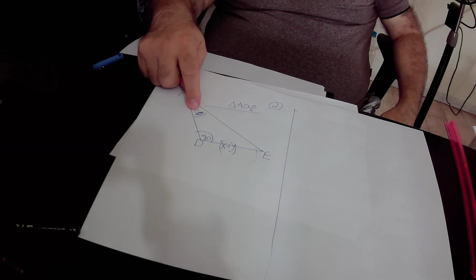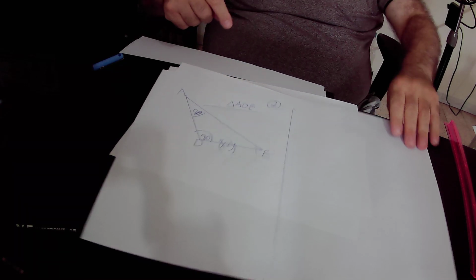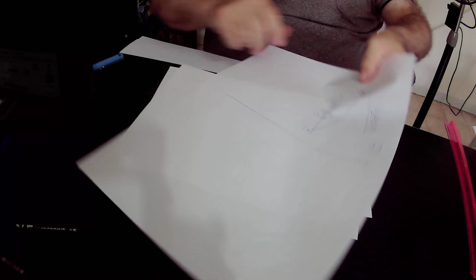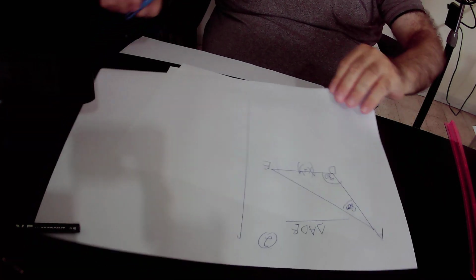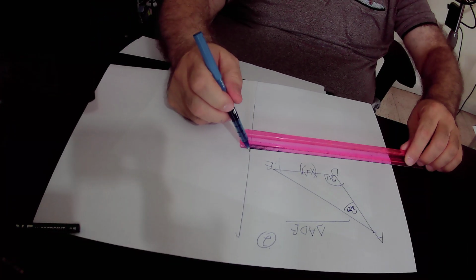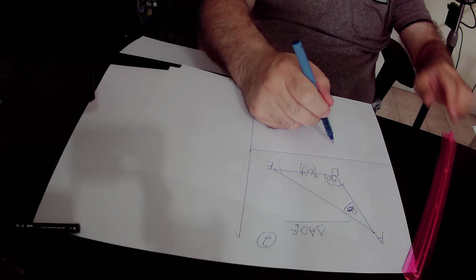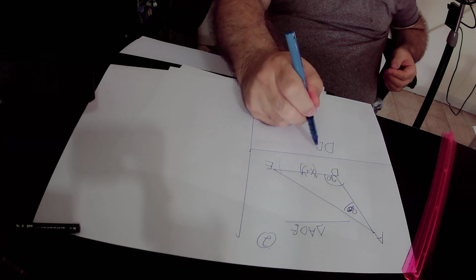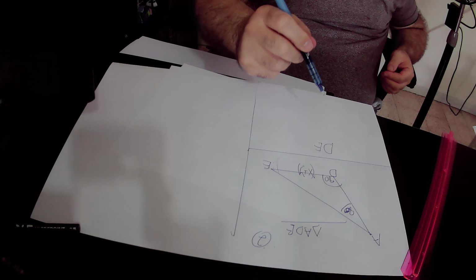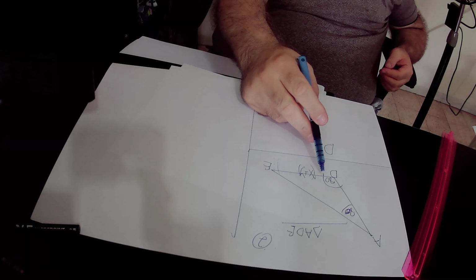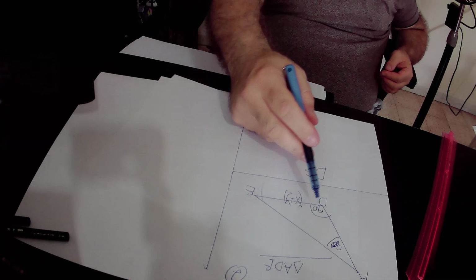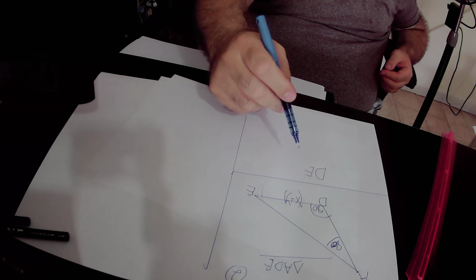So in front of this angle, we have side DE. I'll write it down. And in front of this angle, we have side AE.